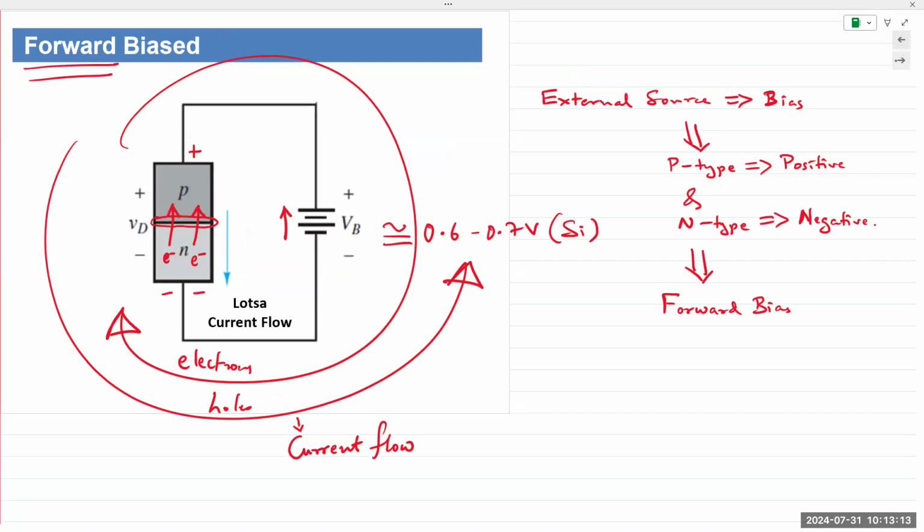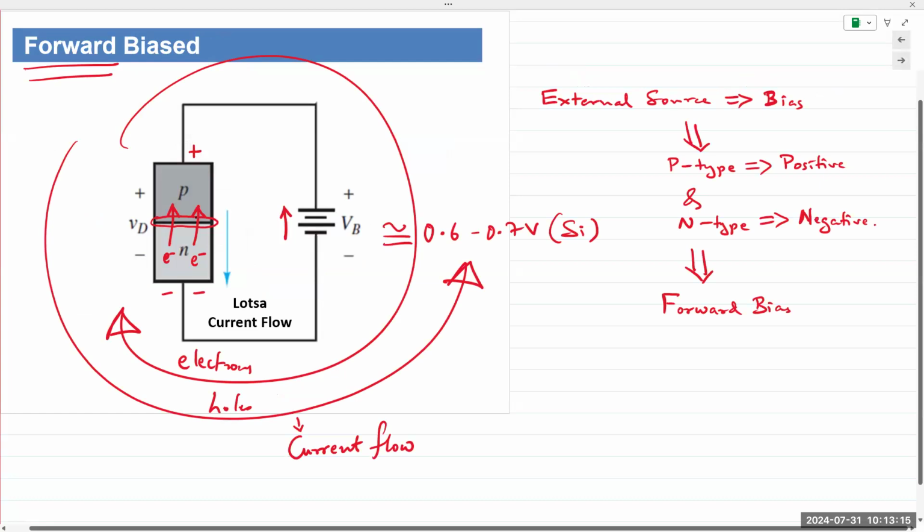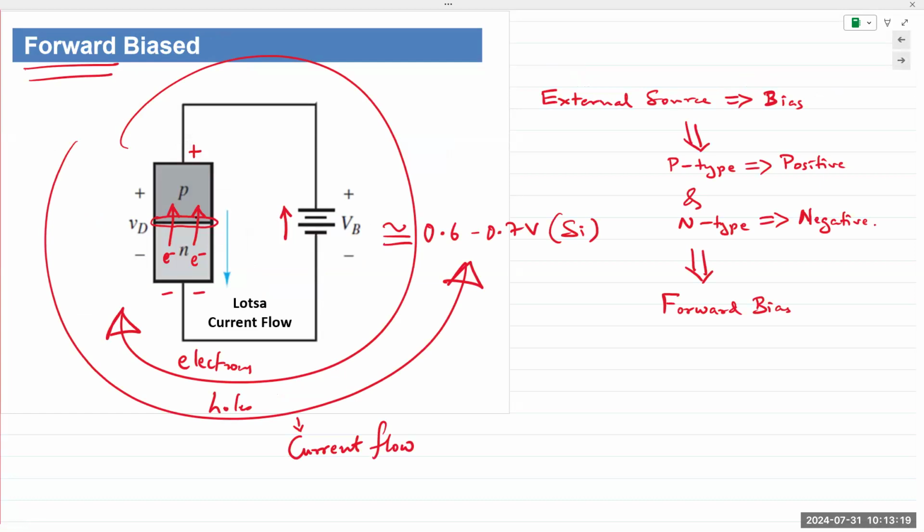In non-E major classes, we just talk a little bit about the movement of electrons and holes, and then we get into the circuits. So when you connect the positive terminal of the battery to the p-type material and the negative to the n-type material, we say that the diode is forward biased. Electrons and holes cross over the depletion region in the middle, and then we have current flow through the device.